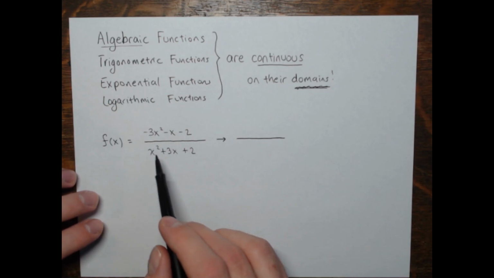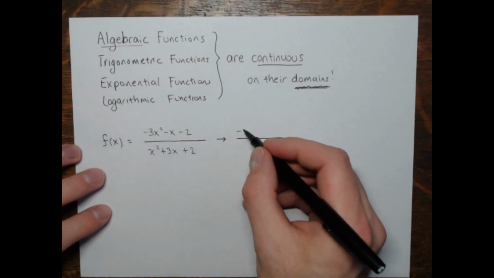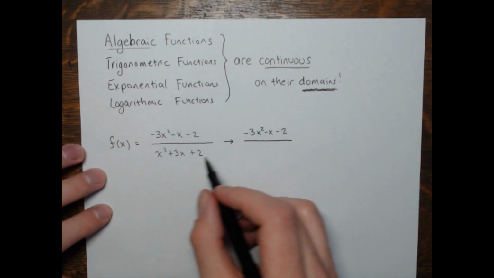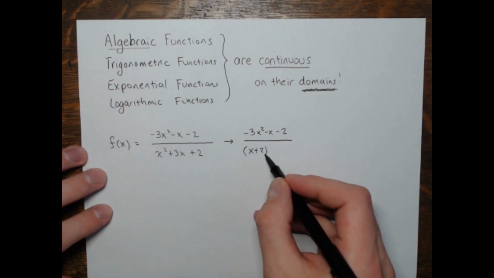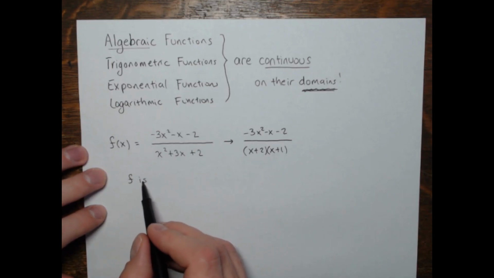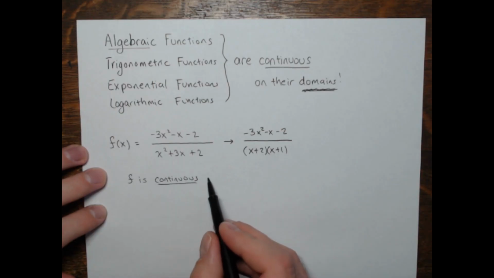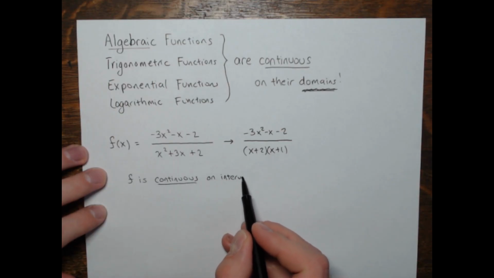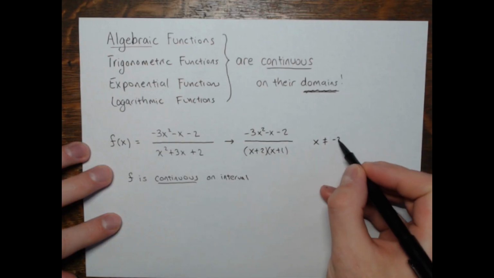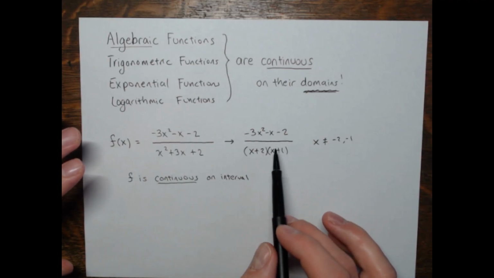So when it comes to rational functions, and I'm stating the domain, the numerator, yeah, you could probably factor it, but I'm not going to, because all that matters is what makes the denominator 0. This is x plus 2 times x plus 1 down here. So f will be continuous on an interval, and it's basically everywhere except -2 and -1, because at x equals -2 and x equals -1 this is undefined.